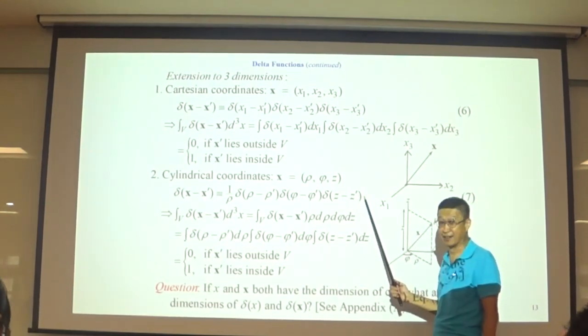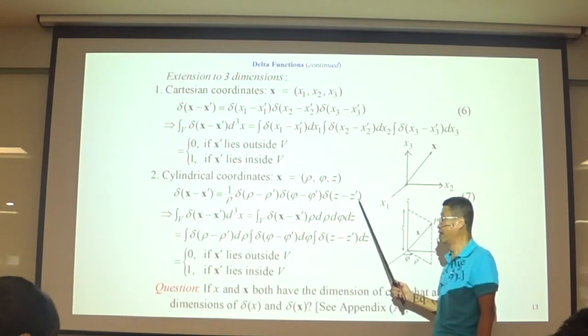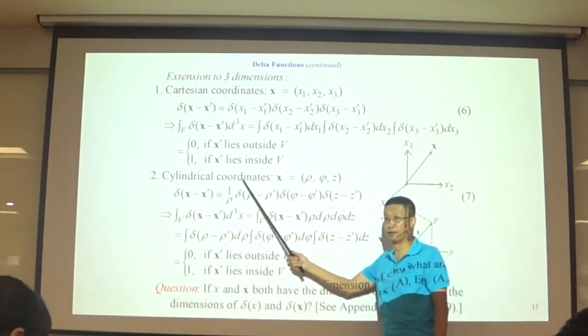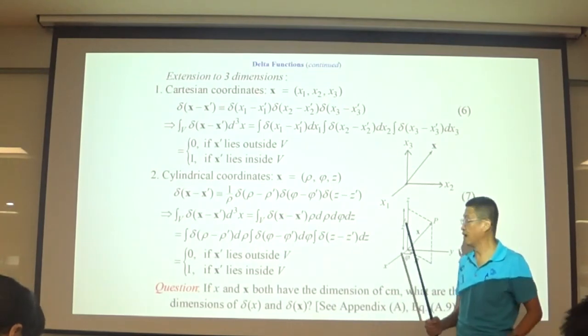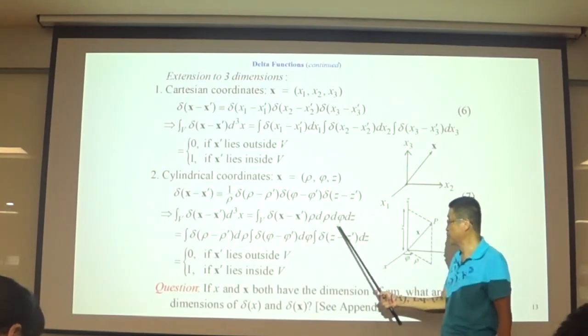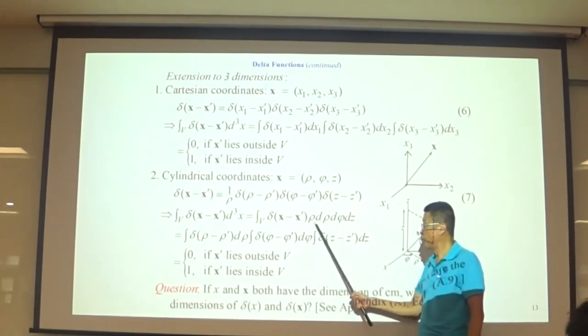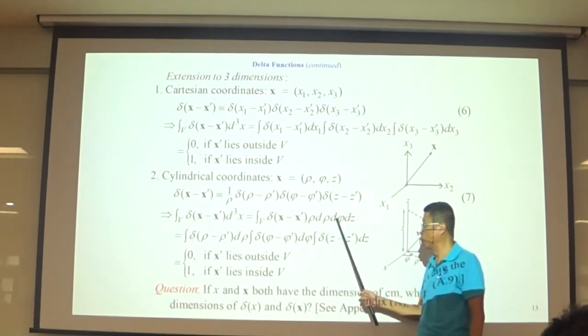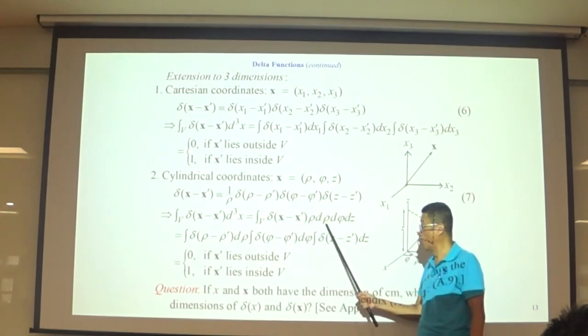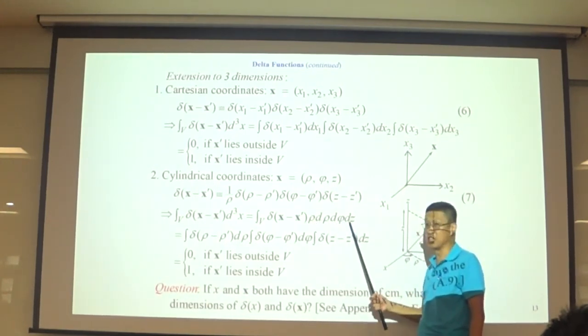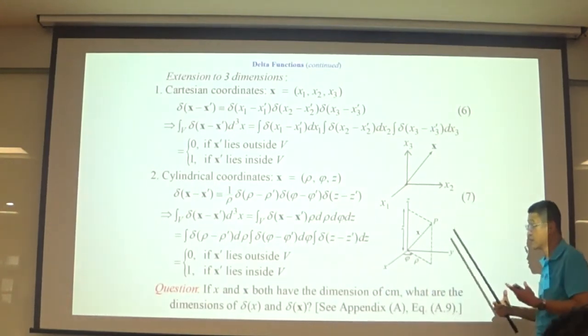I guess at this moment, it's not a rigorous proof. It's just because this integration, rho d phi dz, has the extra rho.